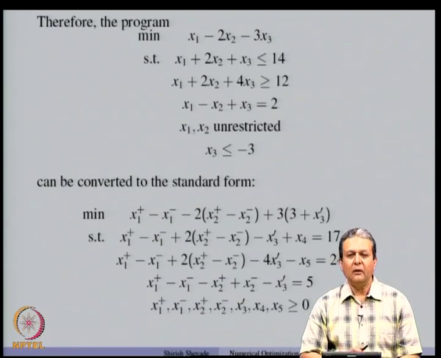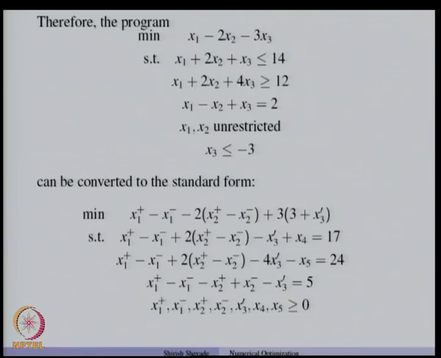So, for most of our discussion on linear program, we will concentrate on the linear program in standard form, and that is why it is very important to convert any linear program to the linear programming in standard form.